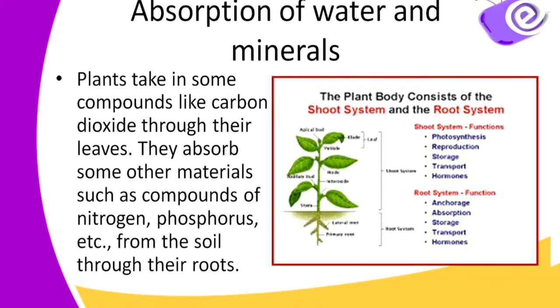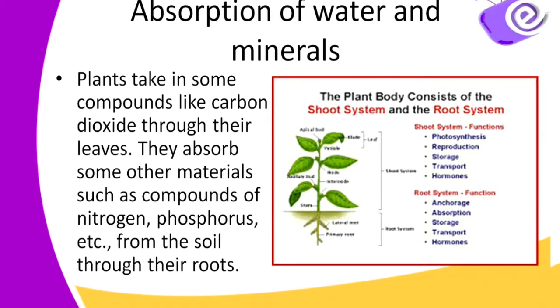Looking at the structure, a plant has two main systems. We have the upper part, which is the shoot system, and the lower part, which is the root system. The shoot system consists of the leaves and the stems, while the root system consists only of the root. So what are some of the functions of the shoot system? One is photosynthesis, which is carried out through the leaves.